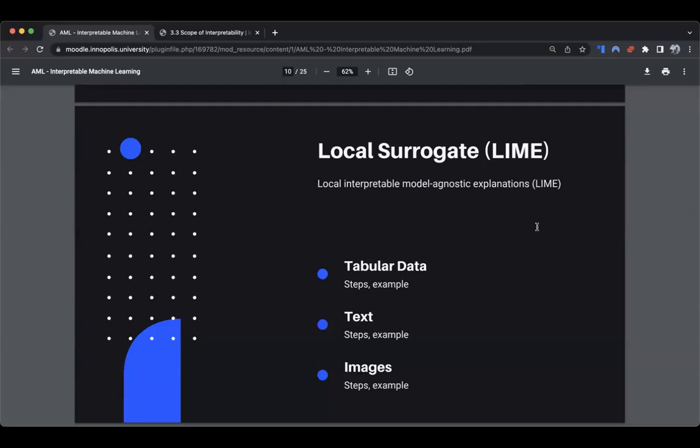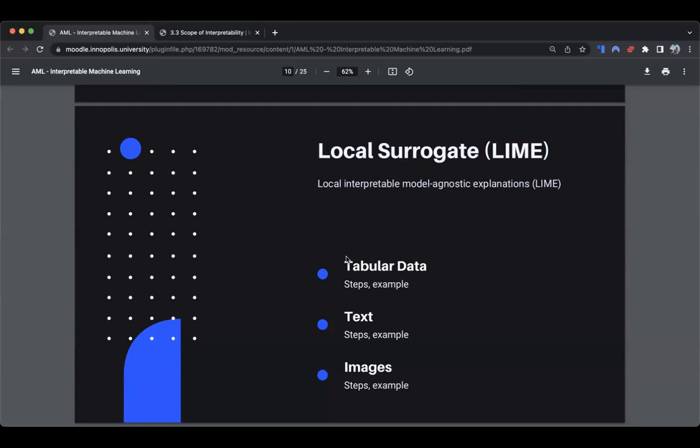Any model that is splitting things into categories, classification, or even regression, you are able to interpret pretty easily with local surrogate or LIME, which is basically local interpretable model-agnostic explanations. It's a long name, but you will see that the idea is extremely basic. It's even super stupid how well it works.